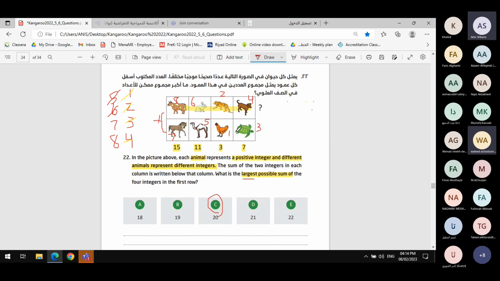No, you can't, because each one is different and has a different integer. Each animal has a different integer, right? Yes. If they didn't ask us this condition, of course we were going to put 1, 1, 1, 1. But they told us they have different integers.